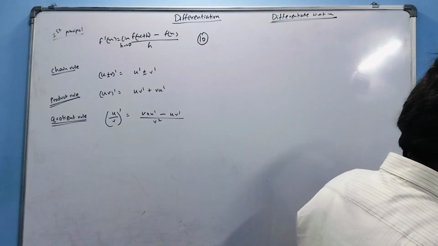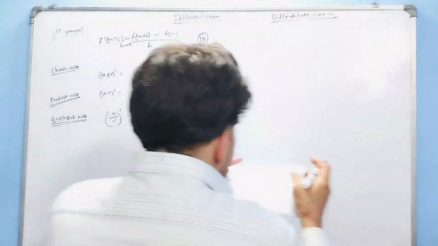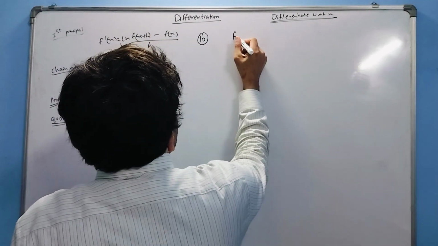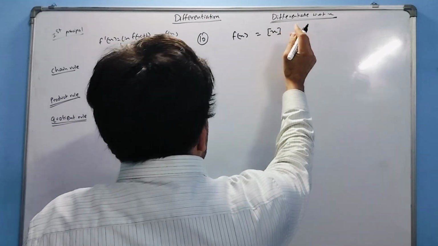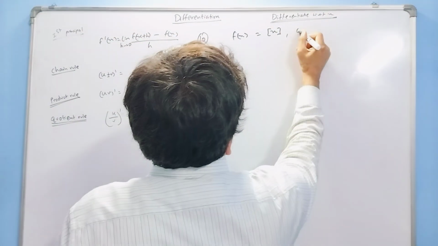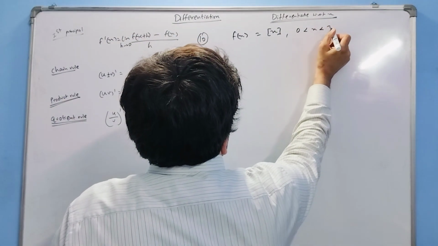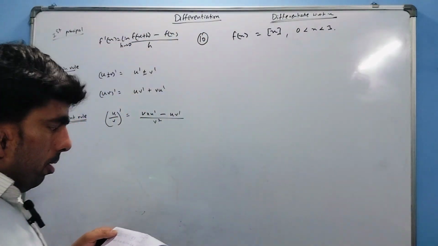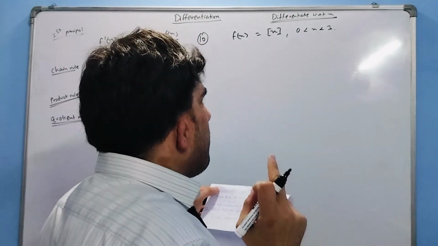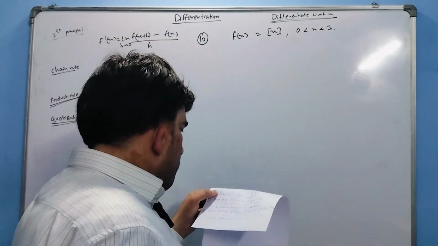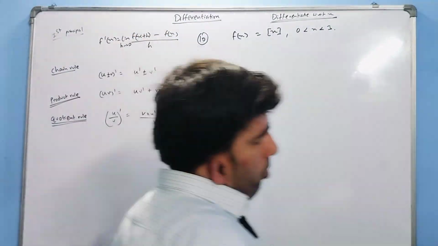What the 10th question says is: prove that the greatest integer function, this is the greatest integer function, okay, where x lies between 0 and 3, is not differentiable at x equal to 1 and 2.